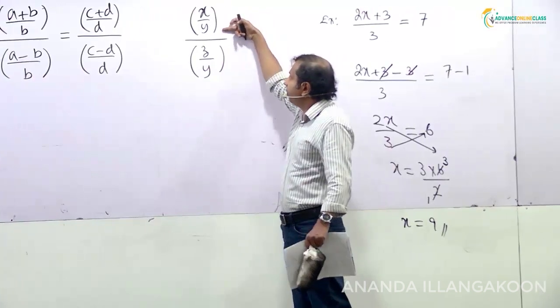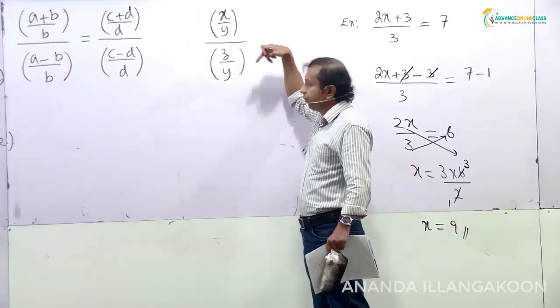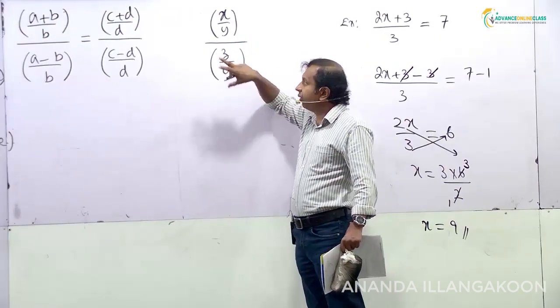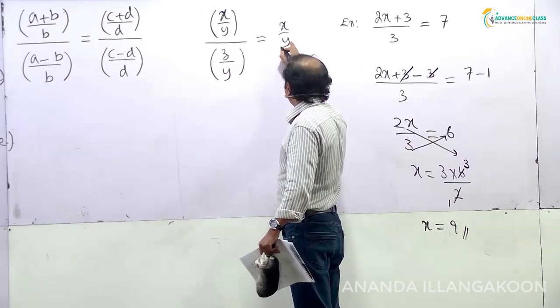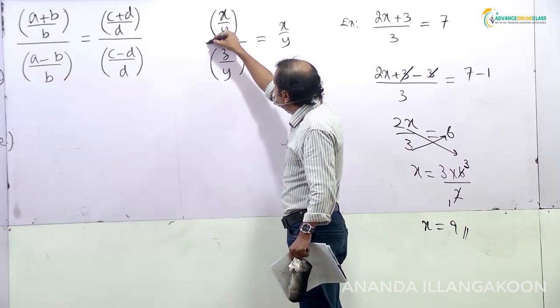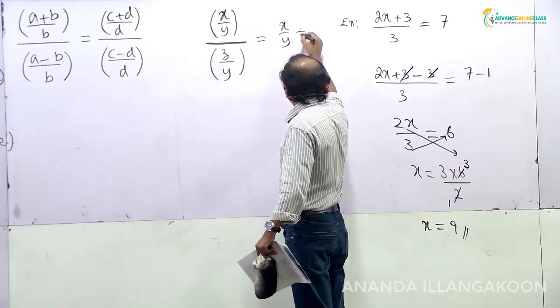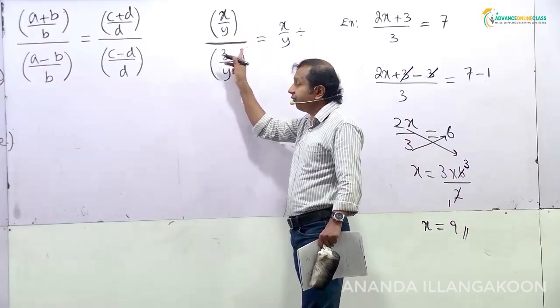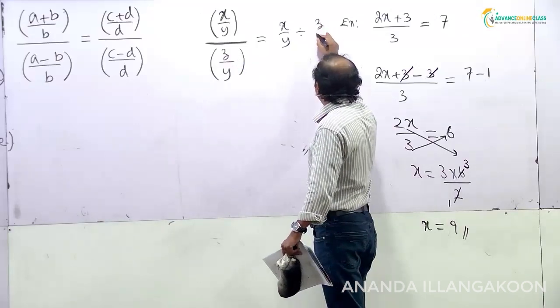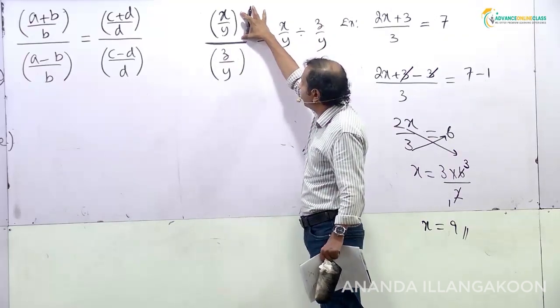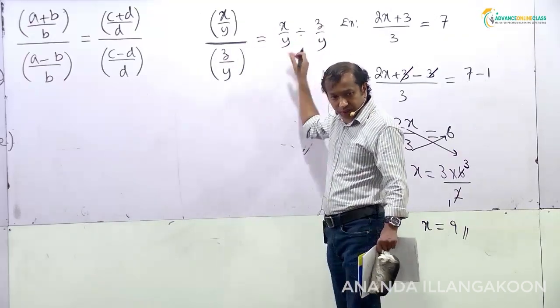This x upon y, I need to divide by z over y. So then same thing I can write like this, no? X upon y, this line says divide, no? By what? Z over y. Then I can write the left hand side same thing by using the division sign like this.